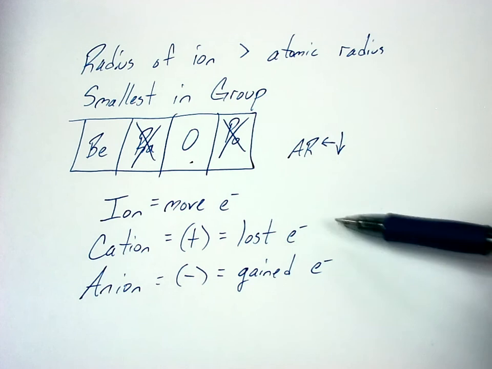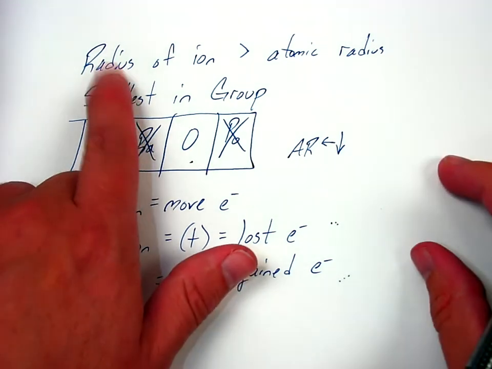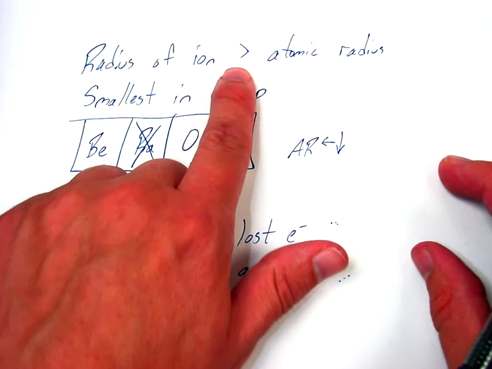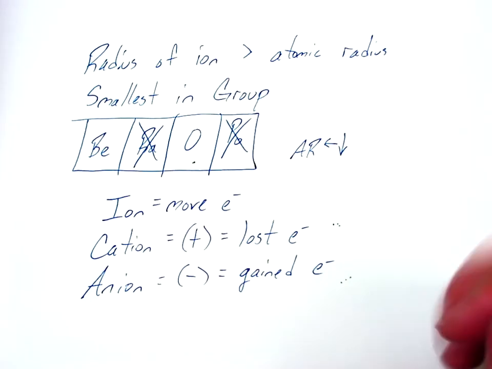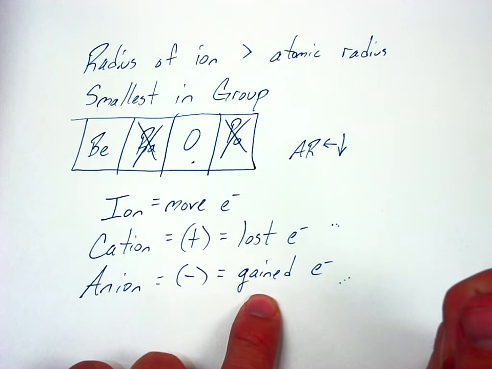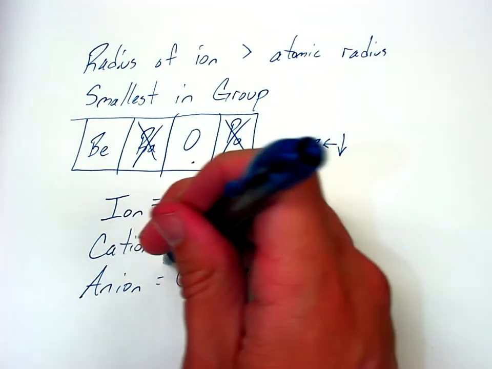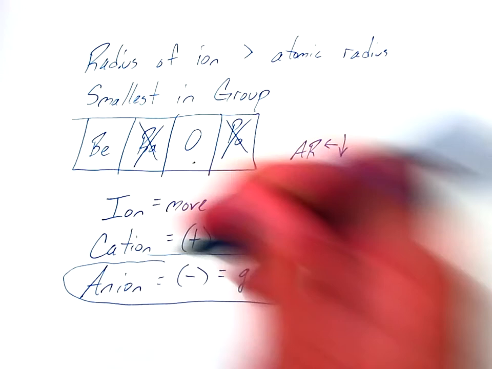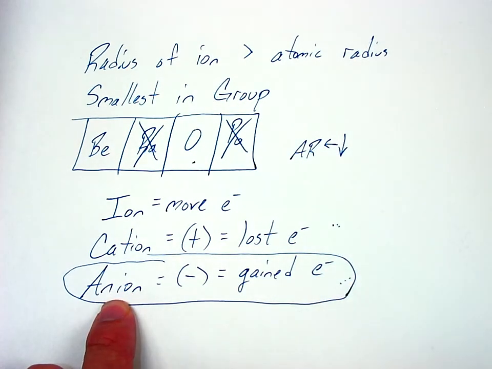Now, one of these processes would make the radius larger. Remember, we're looking for the radius that is larger. Well, what makes something larger? Losing particles or gaining particles? The answer is gaining particles. So we want whichever of the remaining options is an anion when he becomes an ion.